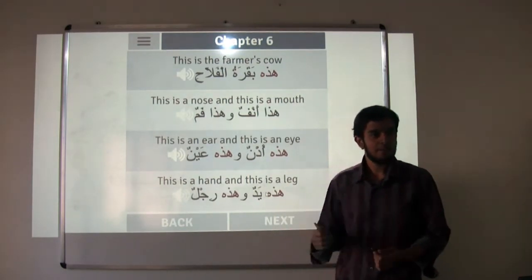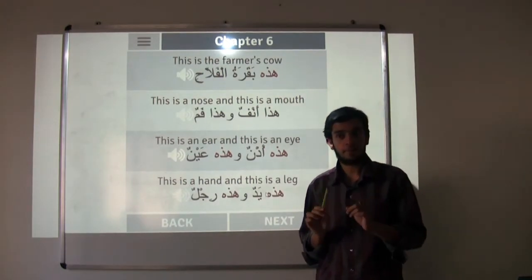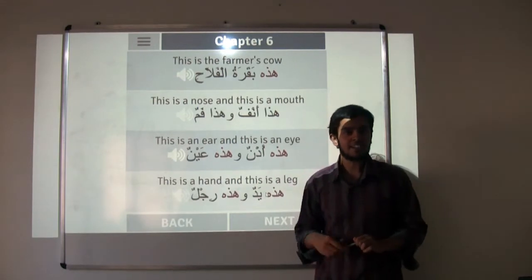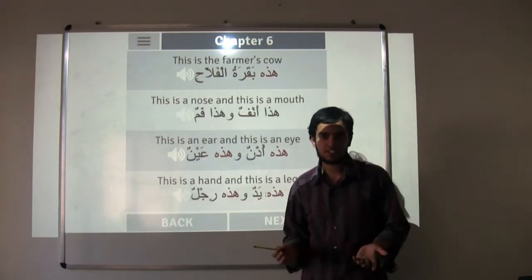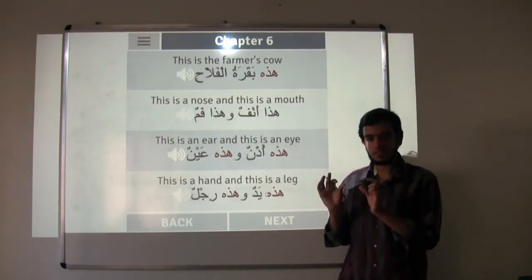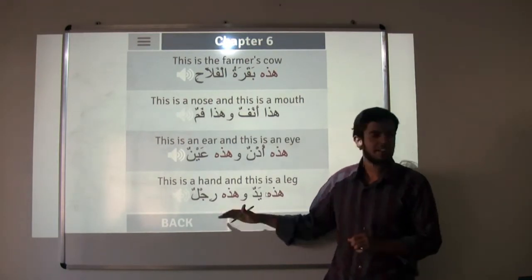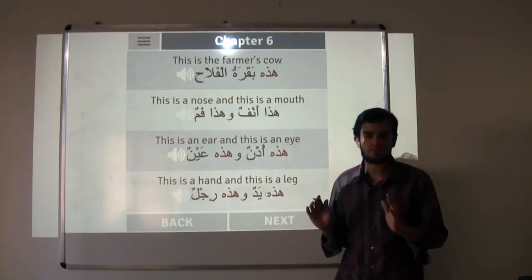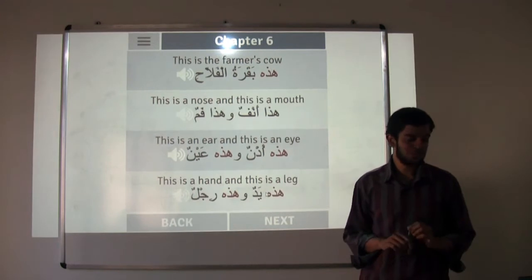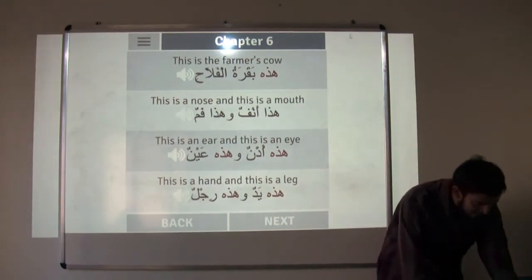I won't say I said salam to the leg. It doesn't make sense. Contextually, you need to figure out what the word could be, and it's pretty rare, so don't worry about it. You know the meaning, and automatically you will read it. No problem at all, inshallah.